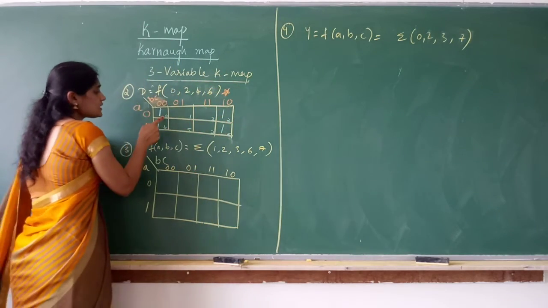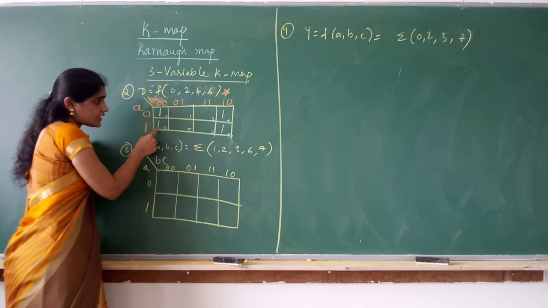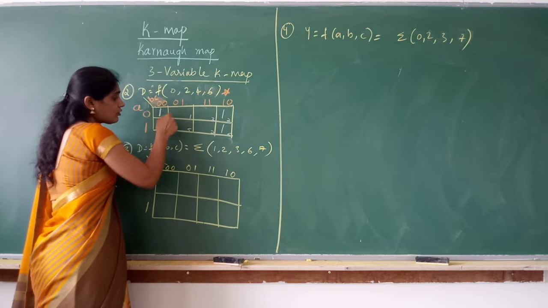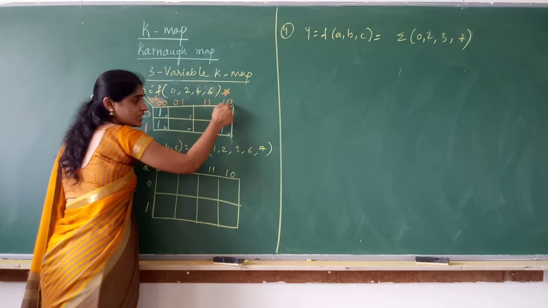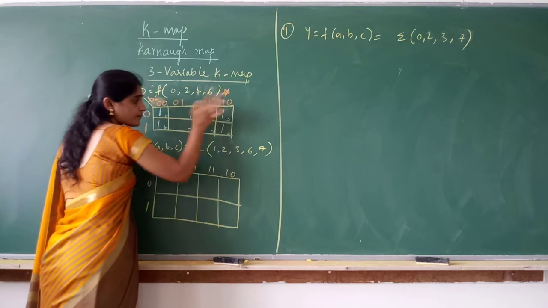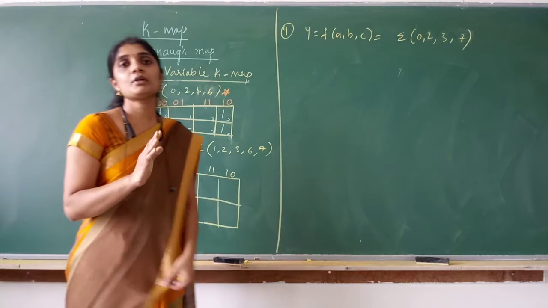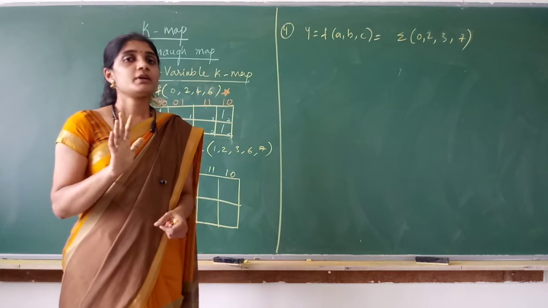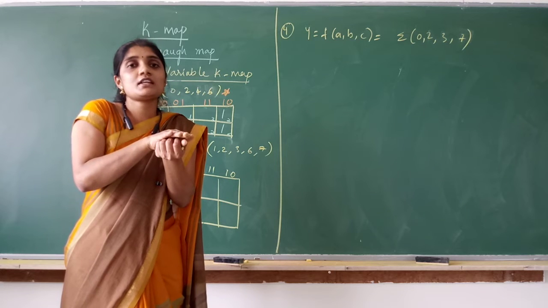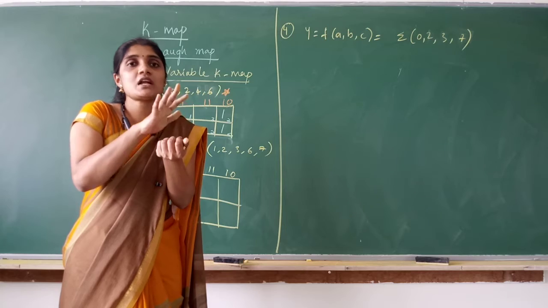So now 0 and 4 are adjacent, correct? 2 and 6 are adjacent. You can group these two and you can group these two. That is one. And always in K-map, listen properly, you have to fold the K-map and visualize. That means you have to fold the K-map and see whether the groups are adjacent or not.